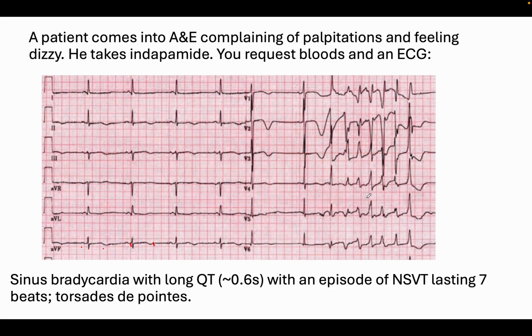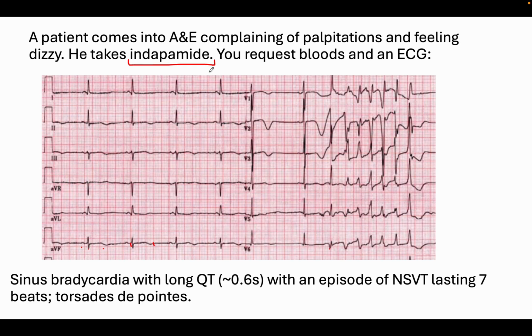And obviously, then we can see this tasty run of VT, and we would count how many beats there are: 1, 2, 3, 4, 5, 6, 7, and you just comment on how many beats it's lasting. So in the script, we can see that the patient takes indapamide.